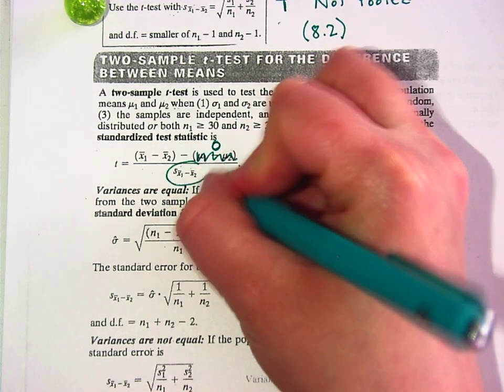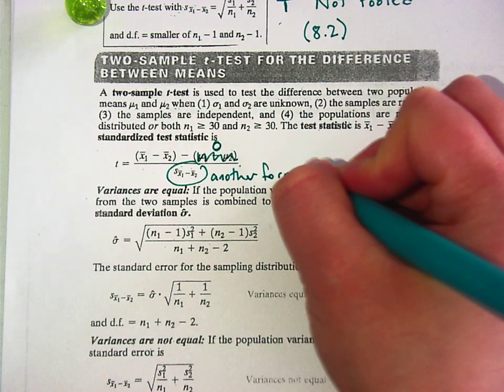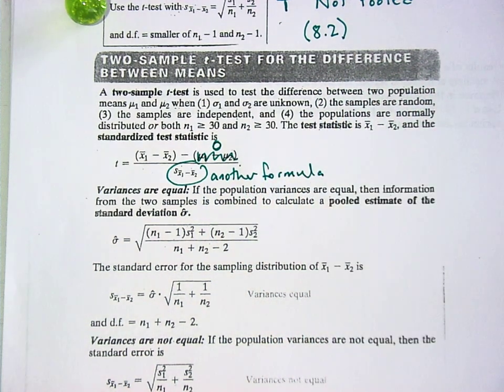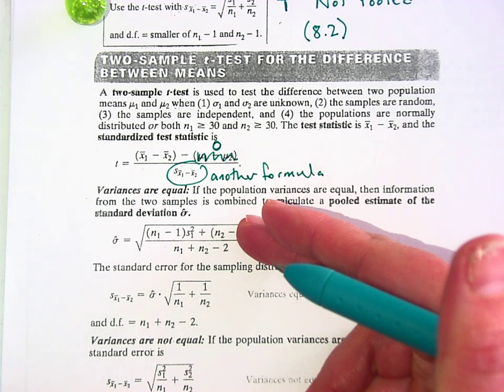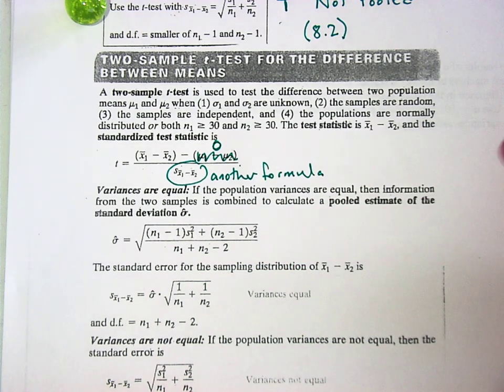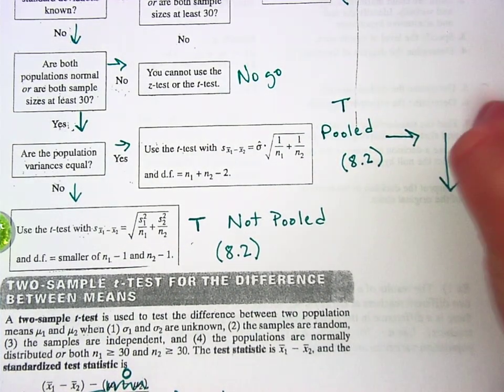And on the bottom is another formula. So the formula could be this one, or it could be that one, plus this, which is horrible. So if the variances are equal, which is basically the worst option to happen with formulas, we're going to write out the whole formula together. In fact, I'm going to need more space.